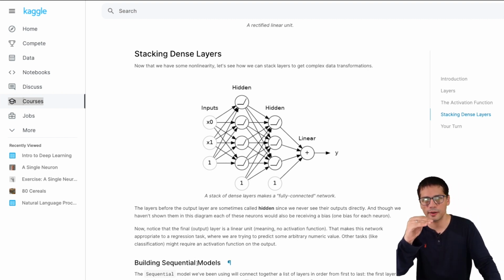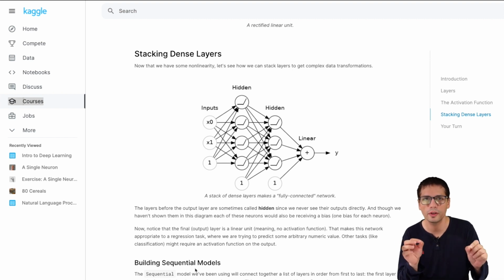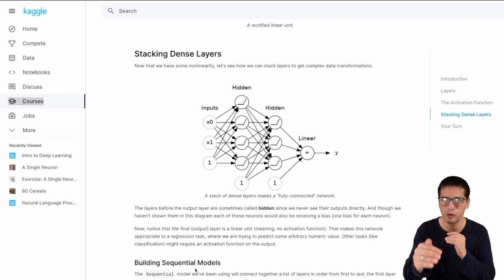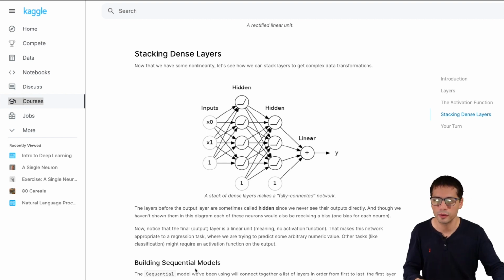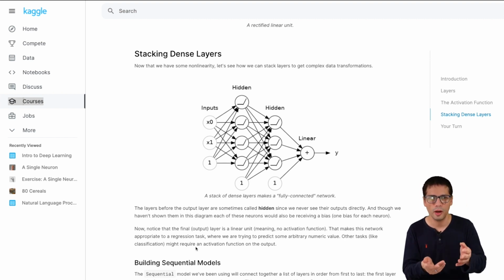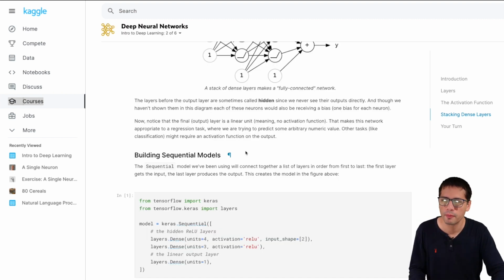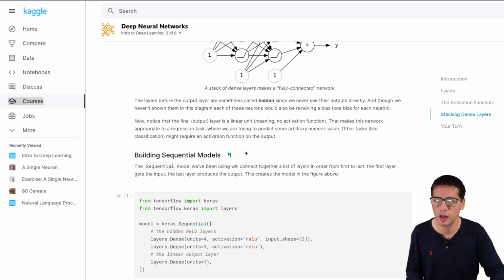When I say discrete, for instance, when you are trying to predict a number, it's a continuous interval of numbers, let's say between 0 and 10, right? You get many values between 0 and 10. If it's discrete, then let's say true or false, that's discrete. And in this case, it's a classification function, because you're trying to determine if something is true or false. When I say true and false, they could be red, yellow, green; there are many different options. Other tasks like classification might require an activation function on the output.